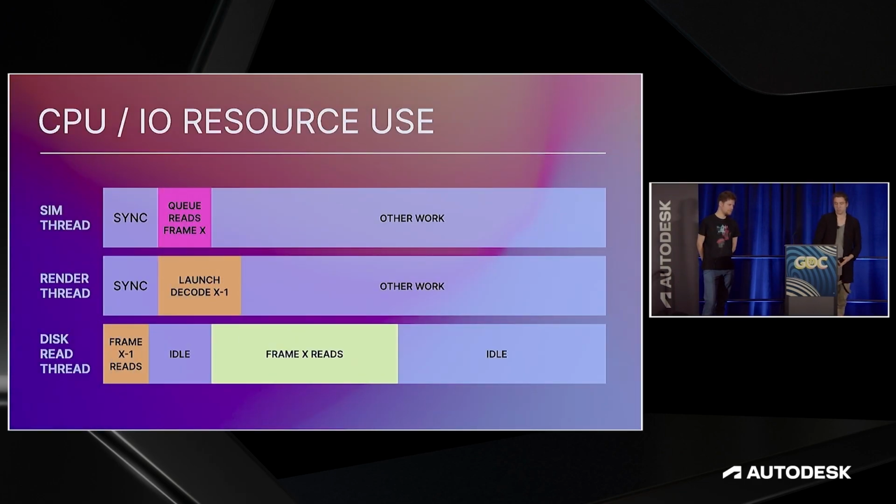What's happening on the CPU during a typical frame update is probably something that most devs want to know. Well, there's the simulation thread, the render thread, and this I/O thread. In the sim thread, you're basically just figuring out which frames you're going to need to update. You might have a whole bunch of AVV streams, and some of them are more distant and less important, and some of them are closer, and some of them have frame updates coming this frame, other ones won't for another couple frames.